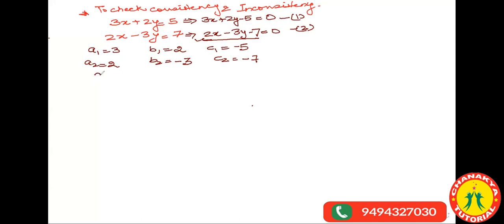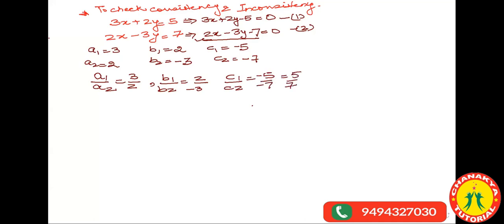Ma'am, A1 by A2 and B1 by B2 and C1 upon C2. Good, beta. Now A1 upon A2 will be 3 by 2. And B1 upon B2 will be 2 by minus 3, minus 3. And C1 upon C2, Aryan? Minus 5 by minus 7, so it will be 5 by 7. Good, beta.